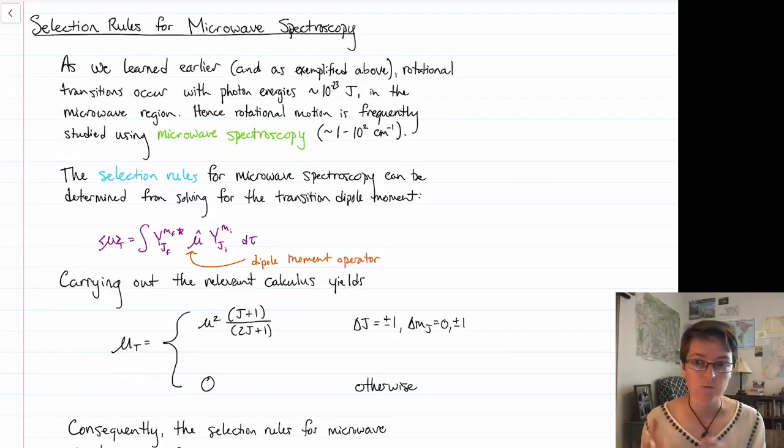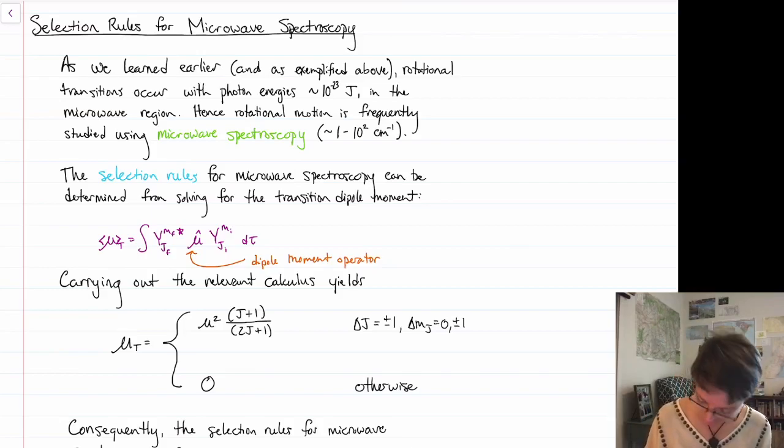Because our wave functions for the rotational motions are the spherical harmonics, we ultimately end up with an integral expression that looks pretty simple, although the integral is nothing but simple.